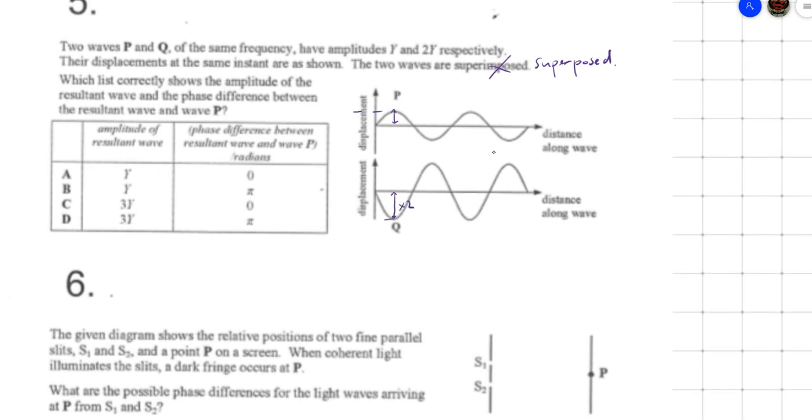This is positive and this is negative, so they cancel each other out. I'm going to give a number there. Let's say this is +1, and this looks like it is -2. So therefore you add them together, and so the amplitude.